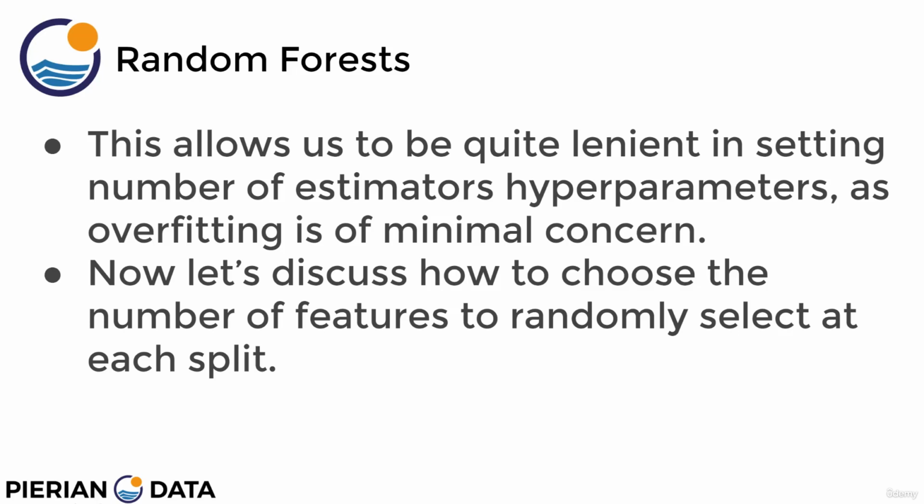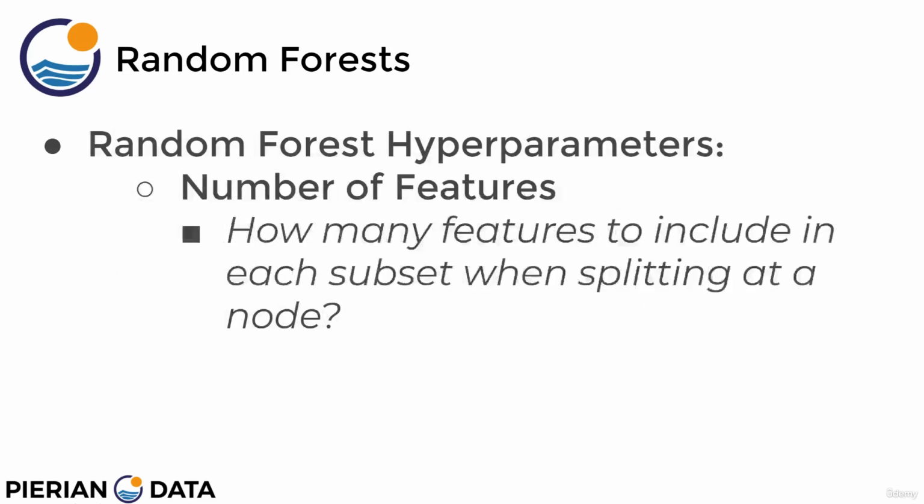Now let's discuss how to choose the number of features to randomly select at each split. So this is known as the number of features hyperparameter in the random forest, which answers the question, how many features to include in each subset when splitting at a node. Recall that if we have some n number of features, we're going to select a subset when we're splitting at a node.